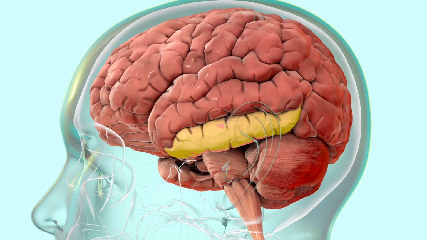Now, in this what hierarchy, one of the major areas is this inferior temporal cortex, the fusiform face area in the temporal lobe. Now, this is fascinating.